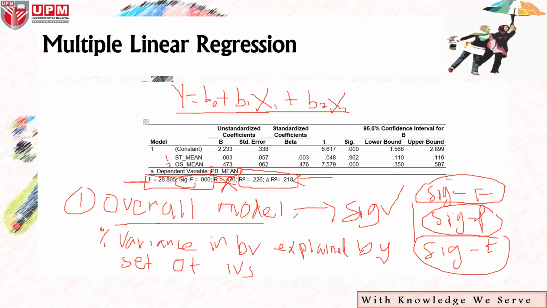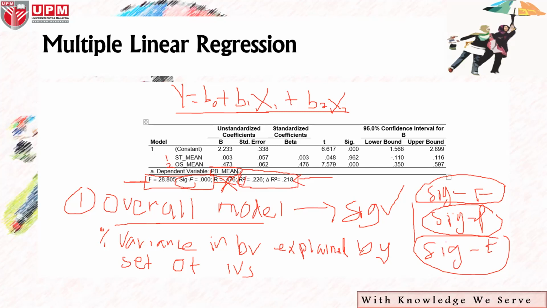Okay, so R square ni nama dia adalah coefficient of determination. Kalau R saja nama dia adalah Pearson. Kalau capital R, the name is multiple correlation coefficient. Kalau small r, correlation coefficient. Kalau capital R square, the name is coefficient of determination. Okay, nama dia adalah coefficient of determination.